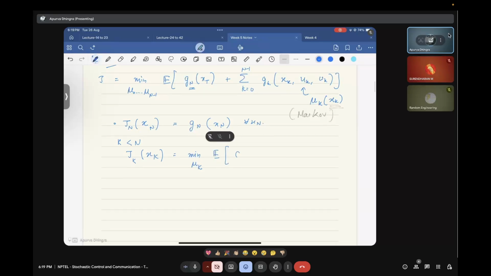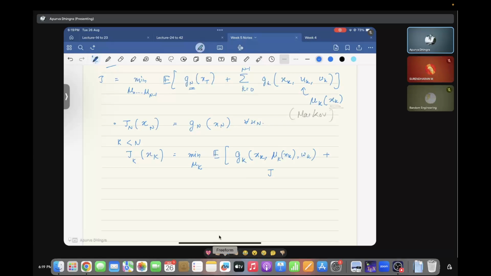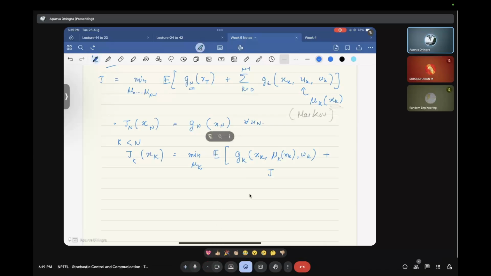Okay, so this would be gk of xk, mu k of xk and wk. This is the stage wise cost, and then there is the value function from the previous step. So the previous step in this case, meaning since we're doing a backward type induction, here it is k plus 1, and we look at the state there.